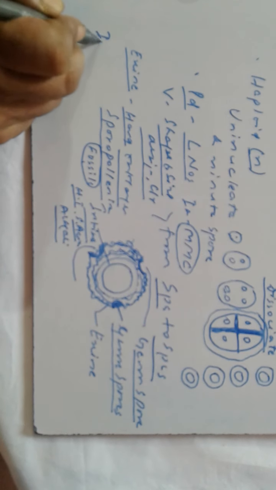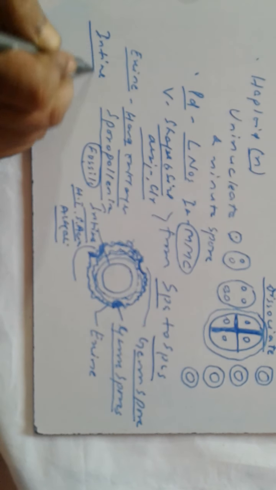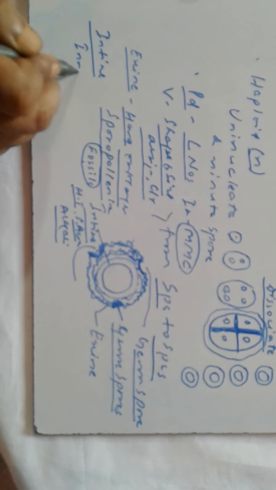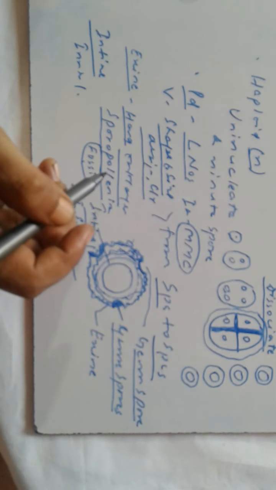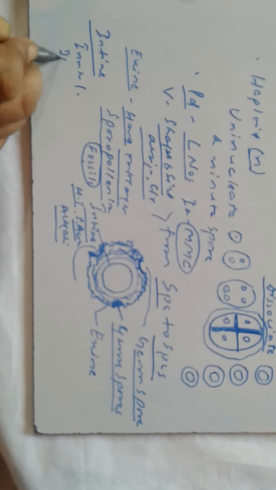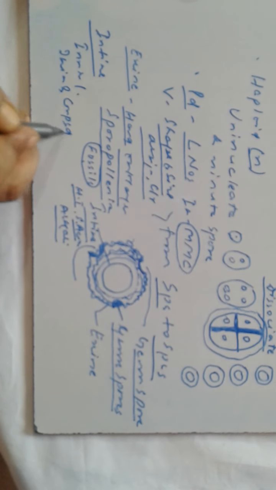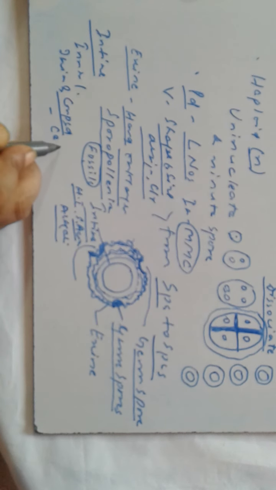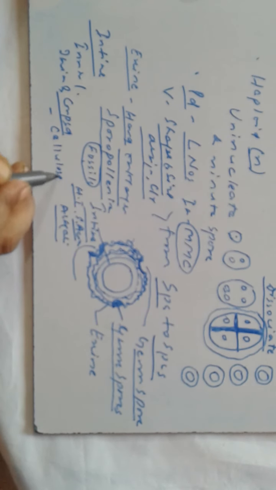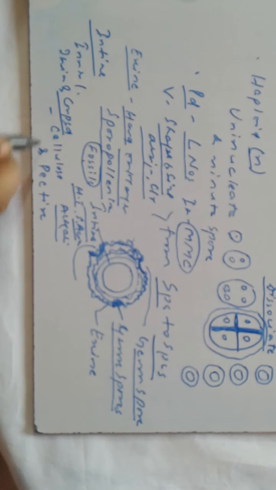Intine is the inner layer, and it is thin and composed of cellulose and pectin.